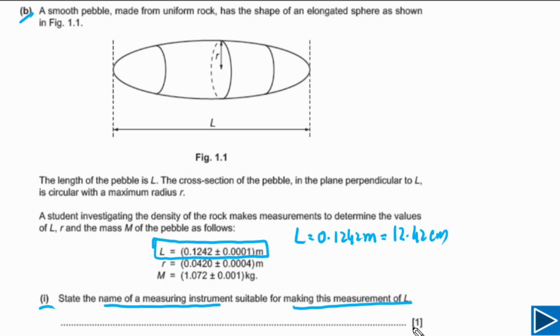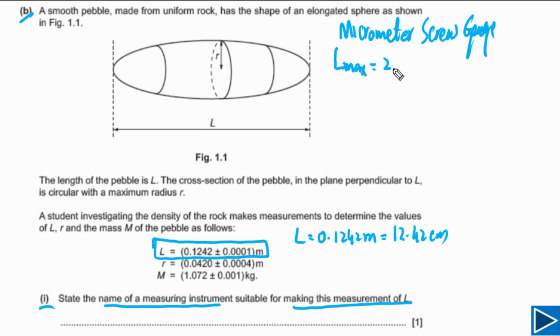Now let's try to understand different types of instrument. The first common instrument used in the lab is the micrometer screw gauge. We have to understand 2 points about this one. The first is the maximum length we can measure with it.